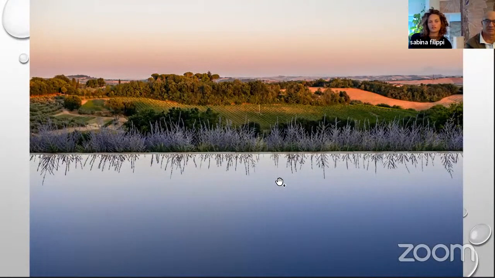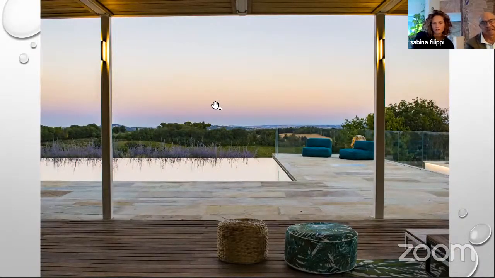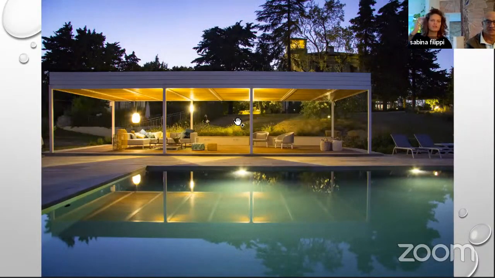This photo was taken at sunset time, and here we can see perfectly how the colors of the hills match with the pool and with the garden. This is the jacuzzi area with the waterfall activated. This is the recreational area of the solarium. This is just another picture taken during the night.